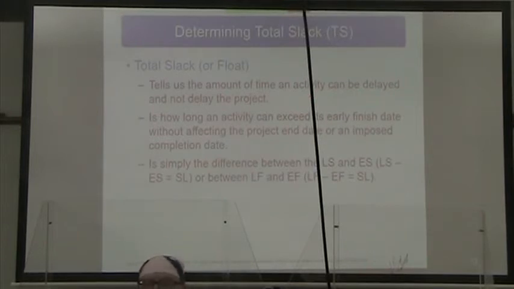All right, so our slack is the amount of time we can delay an activity without delaying the project. They just say the same thing here 3 times. Right, so we calculate that as the difference between our late start and our early start.